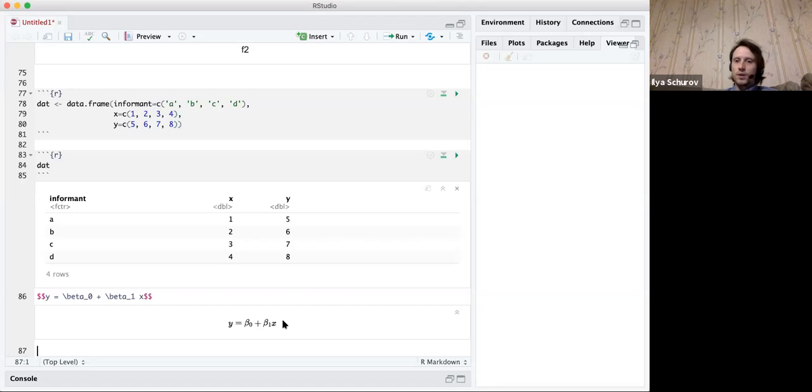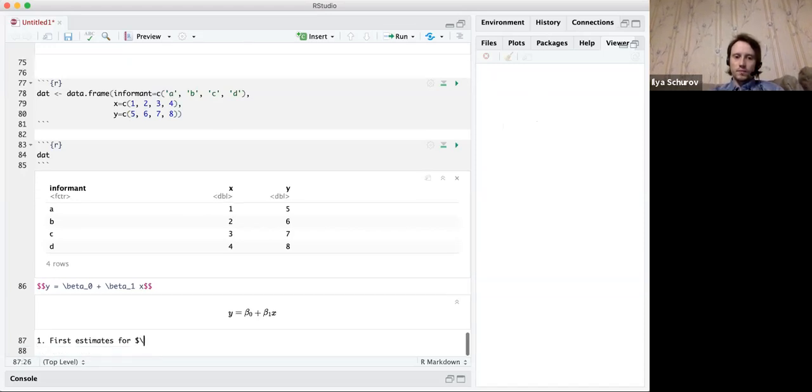Actually, this can be done without any computer tools, just by looking at this data frame. But if you want, you can use R to find these values. So the first question is find estimates for beta naught and beta 1.